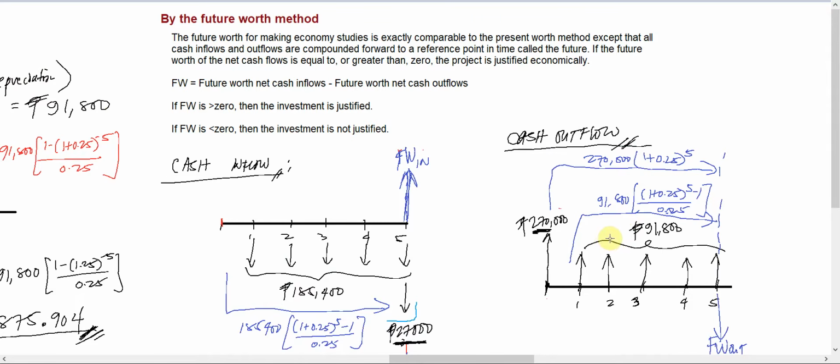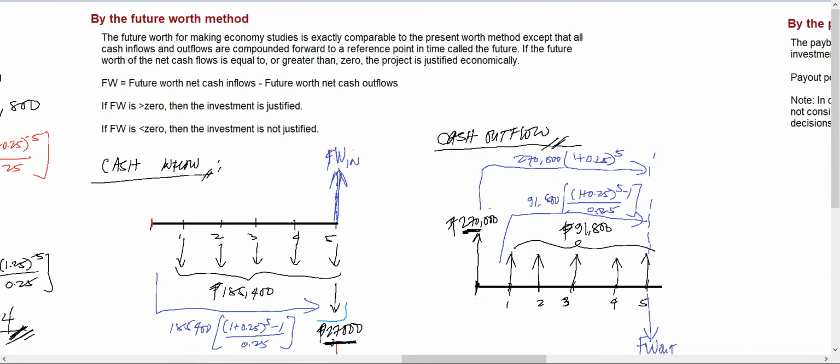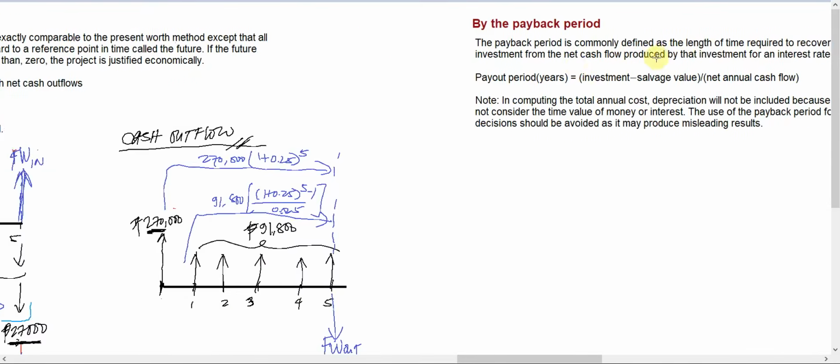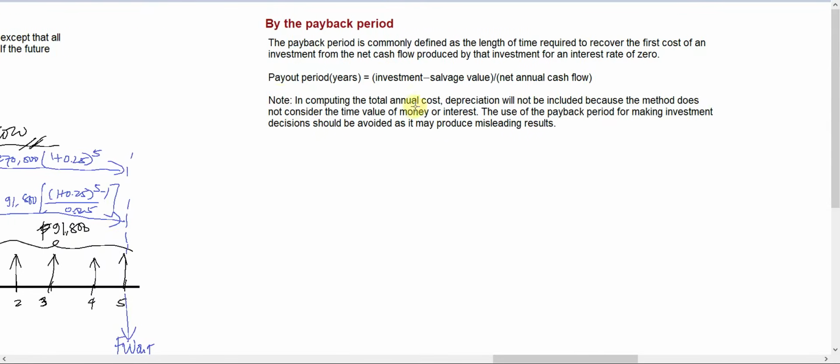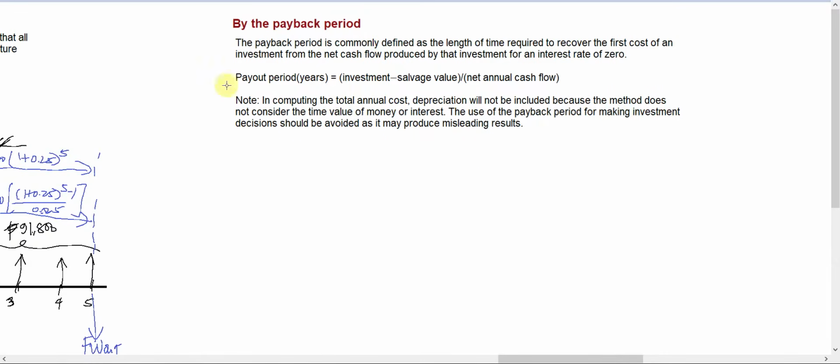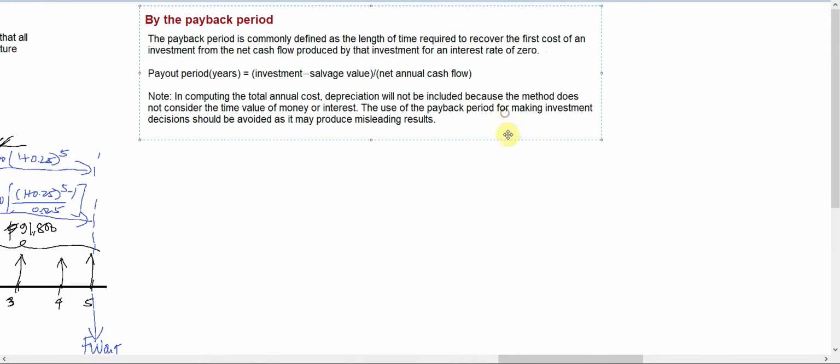And then, last method of making economy study is the payback period or payout period method. Itong method na to, actually, hindi siya ginagamit kadalasan. Sa huli na siya ginagamit. Kapag na-prove mo na justified, tsaka mo gamitin ang payback or payout period method.